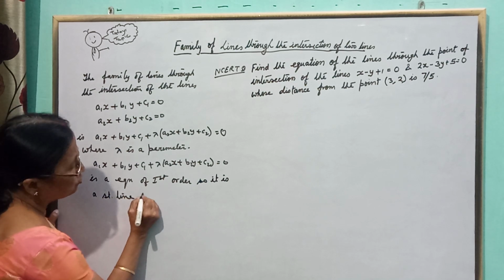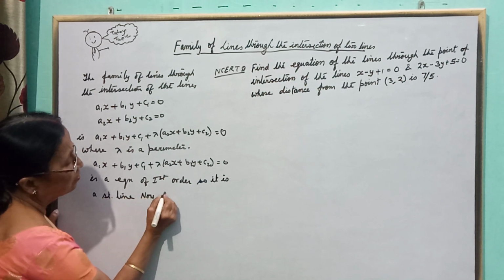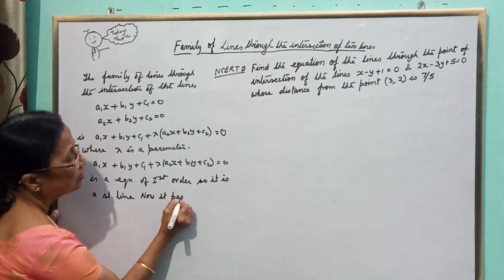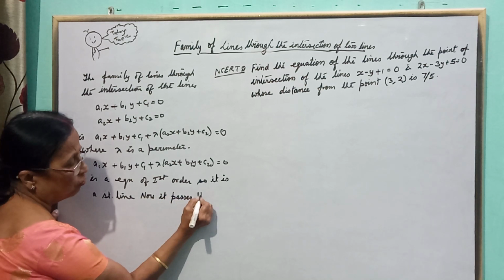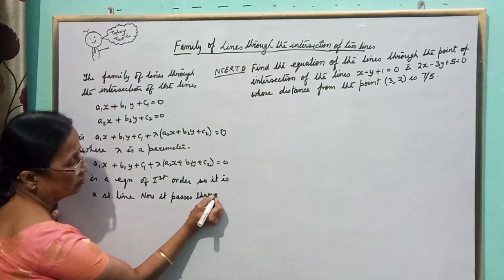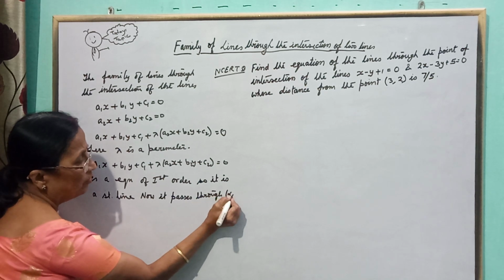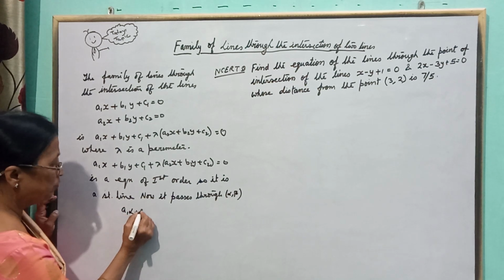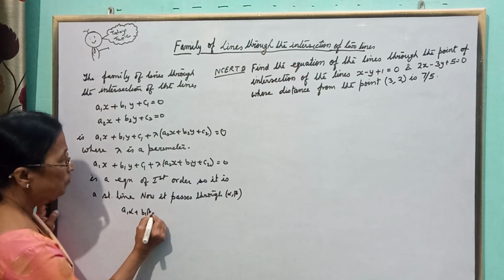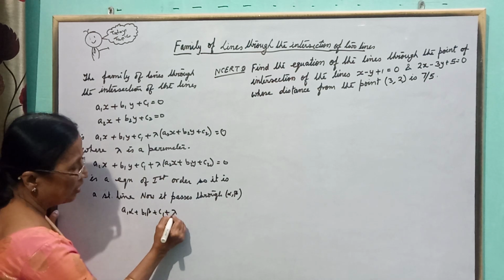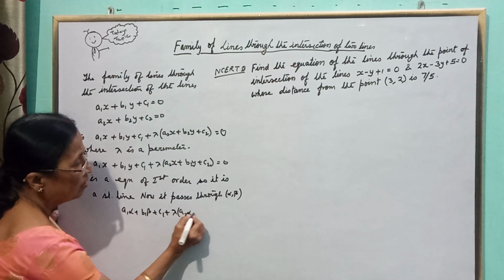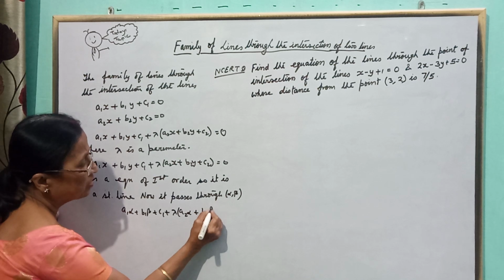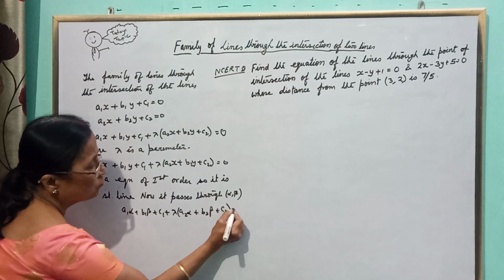Now it passes through (alpha, beta). So I can write a1 alpha plus b1 beta plus c1 plus lambda times (a2 alpha plus b2 beta plus c2) is equal to 0.